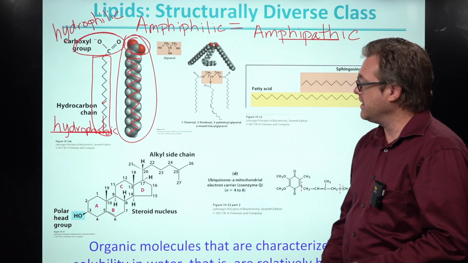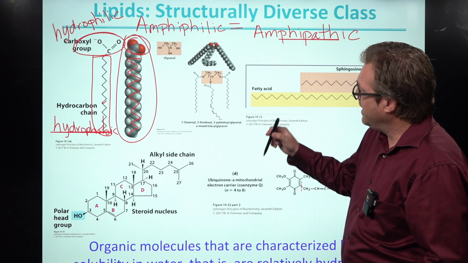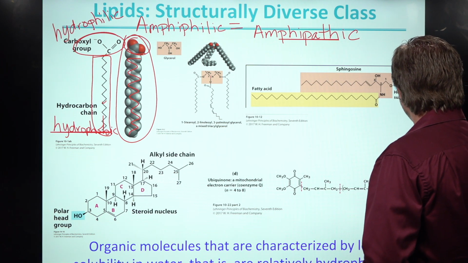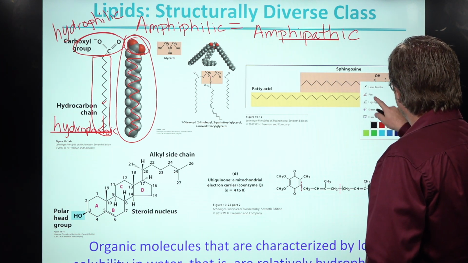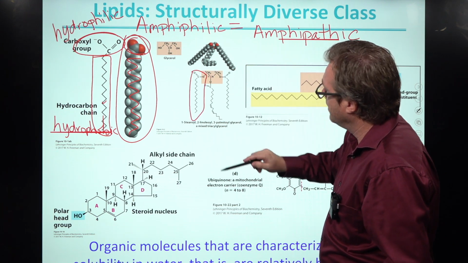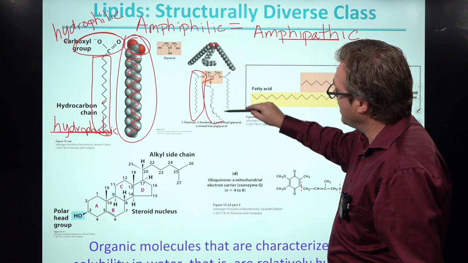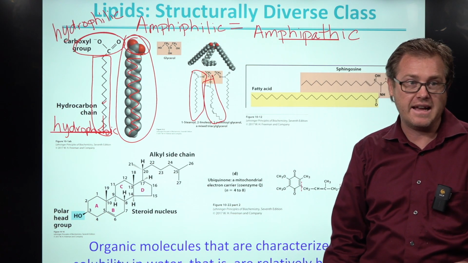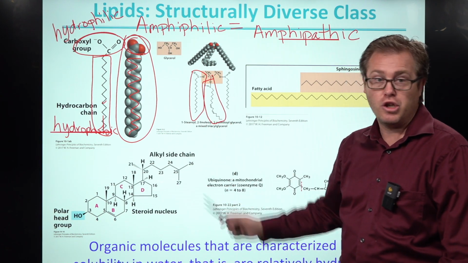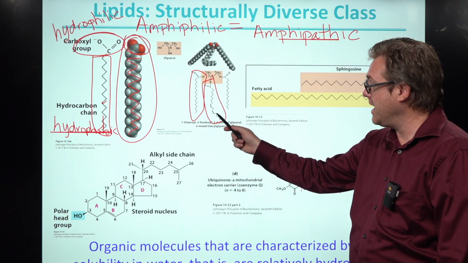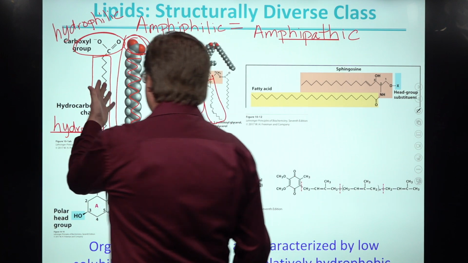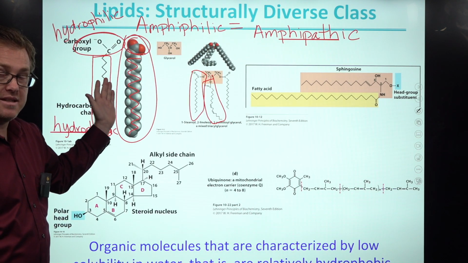There's a fatty acid right there, and here's a fatty acid right there. But you notice how those two fatty acids look different? This one has no double bonds, whereas this one does have double bonds. So you can change the look of the fatty acid.